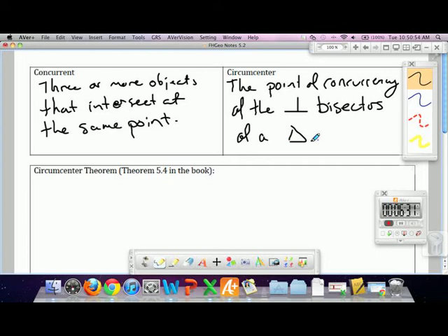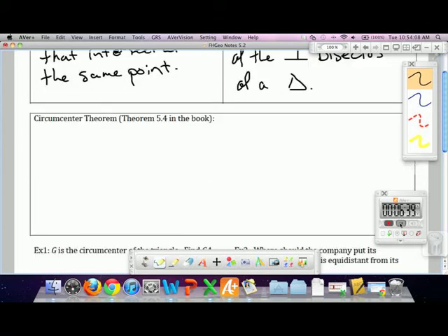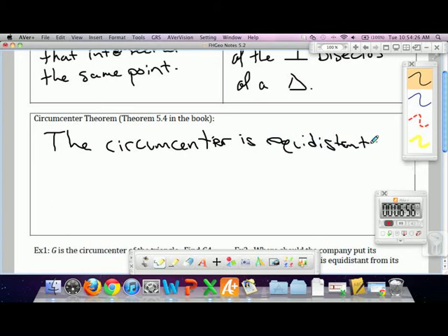A consequence of the circumcenter being on the 3 perpendicular bisectors is the following. The circumcenter is equidistant from all 3 vertices of the triangle.